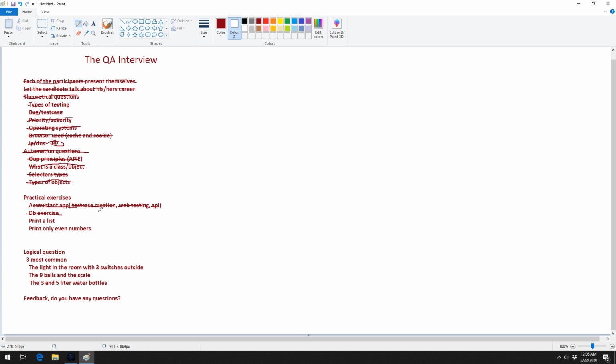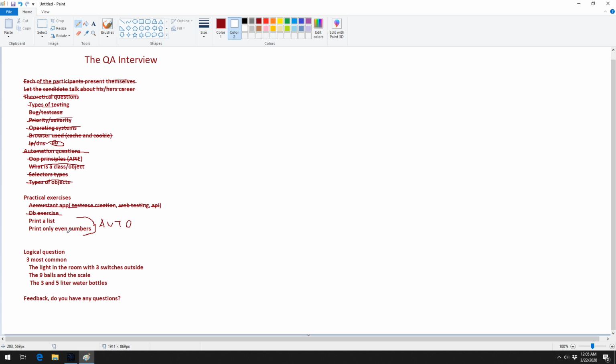We also did this. Okay, practical exercises. These are for automation. How do you print a list? You can use a for, or depending on the language you use, you can also use list print, or depending on what methods that language contains.